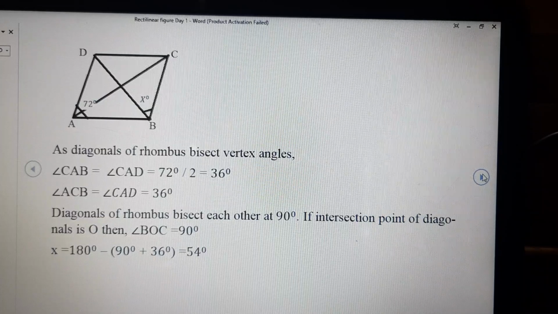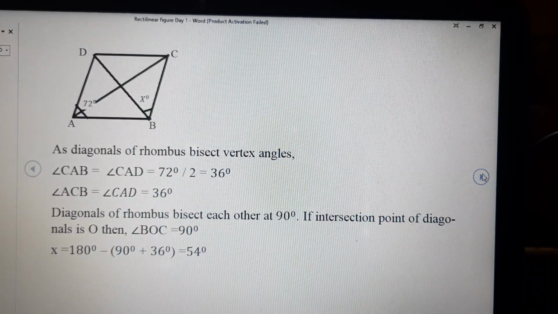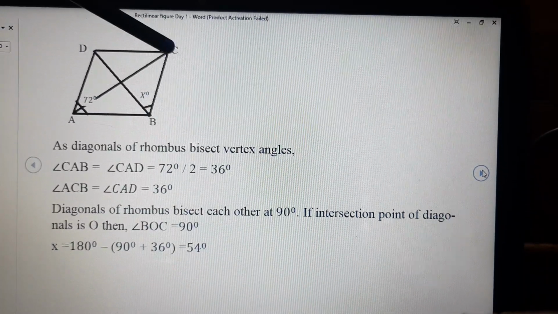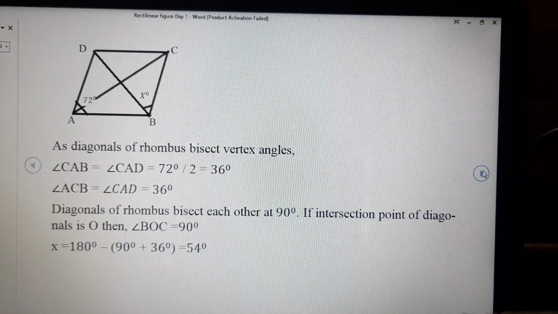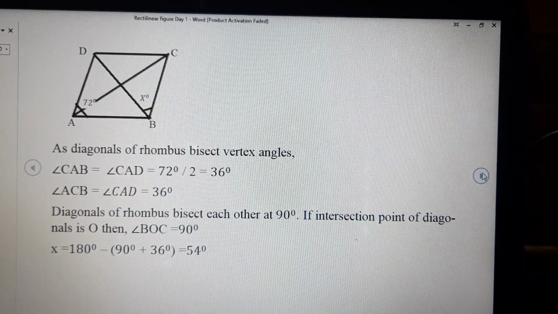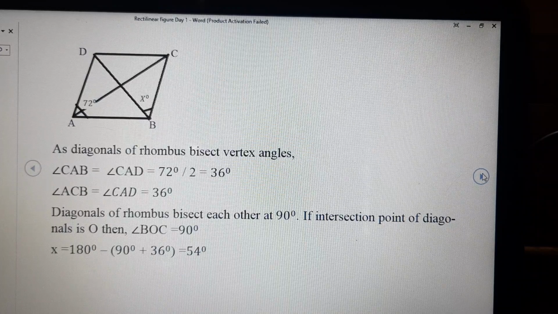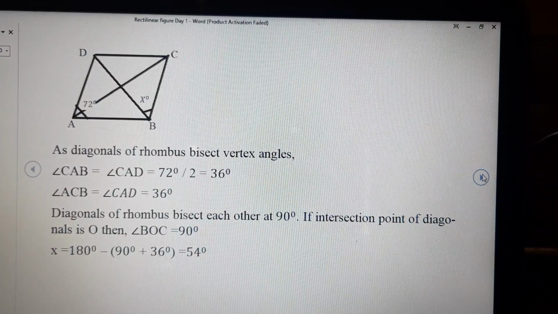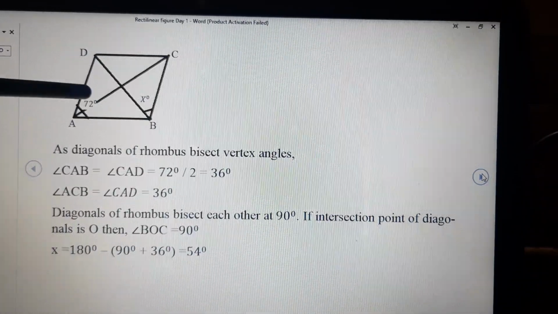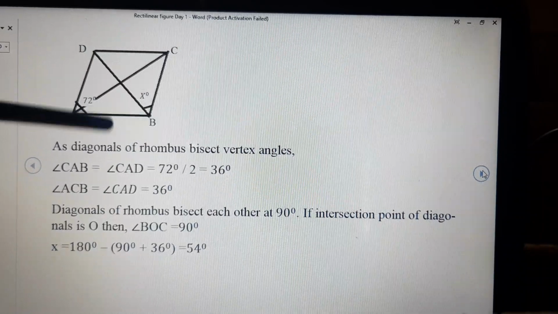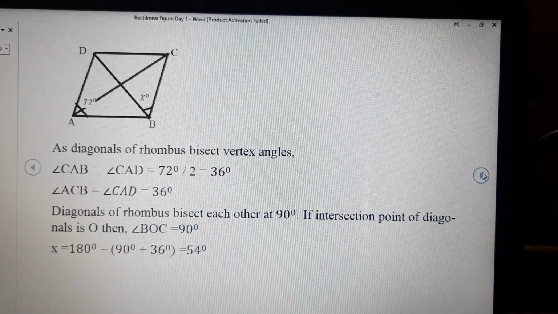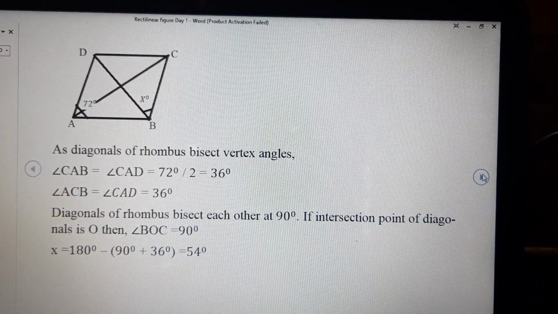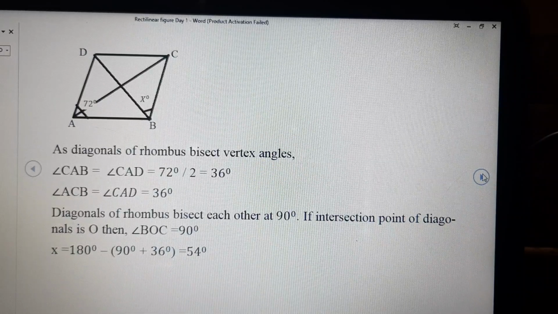Diagonal AC will bisect angle A. It means DAC and CAB, both angles will be equal to half of 72 degrees, that means 36 degrees. Are you getting it? Angle DAC will be 36, angle CAB will also be 36.